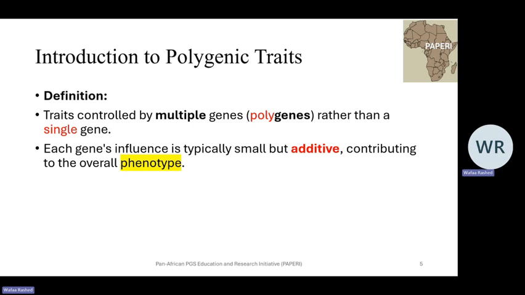It's the aggregation of these small effects that finally affects the overall phenotype. Again, each gene's influence is typically small but additive, contributing to the overall phenotype. And additivity is a very important characteristic of the polygenic trait, and we will discuss it in the following slides.